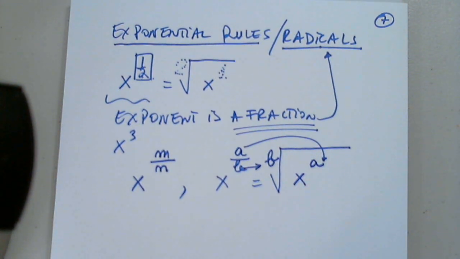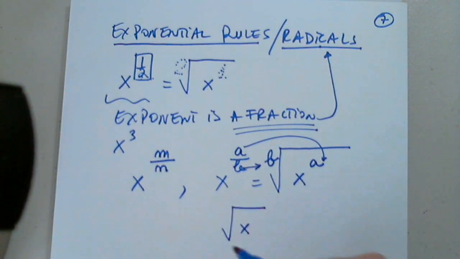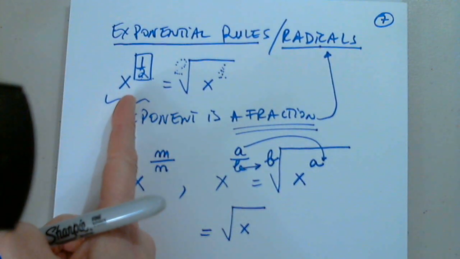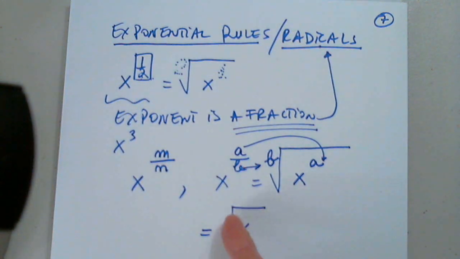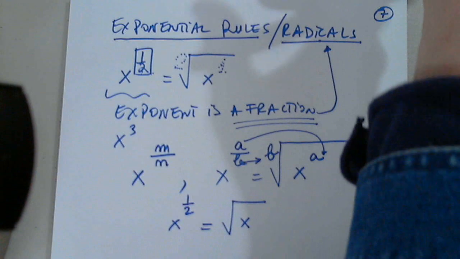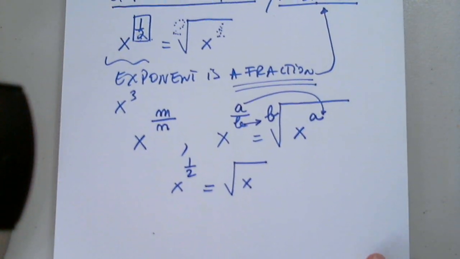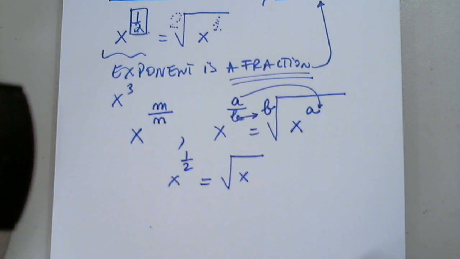Okay? And vice versa. If I have the square root of x, I will write x to 1 over 2. Maybe you do remember this, maybe you don't remember, maybe you are bored with this already because you know this.